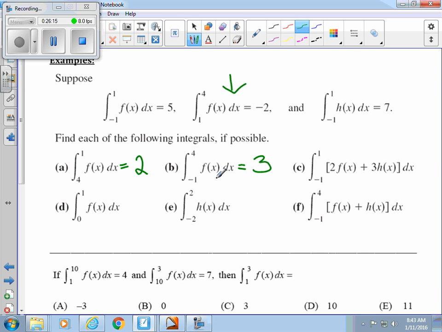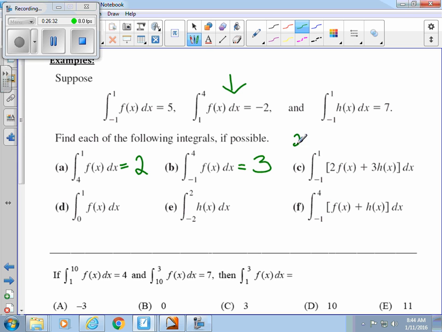The next one involves two different functions, but the limits are the same. What can I do with two different functions added together? I can split them up.